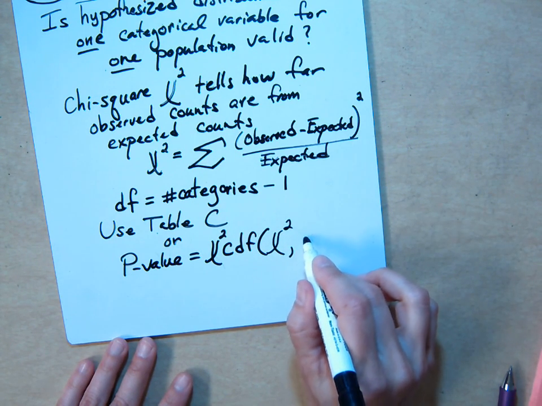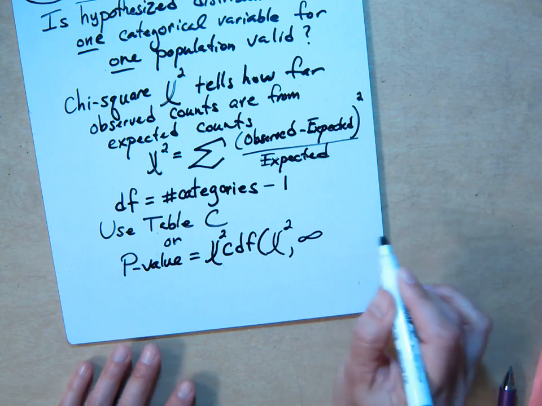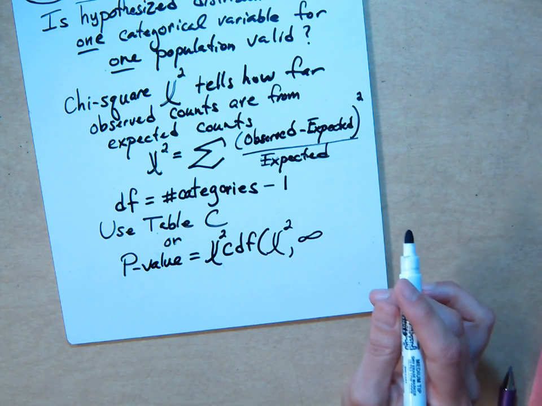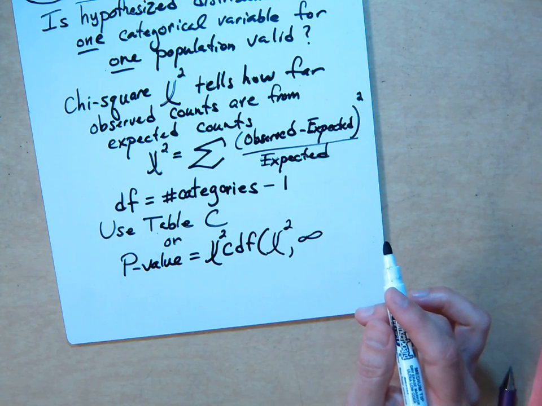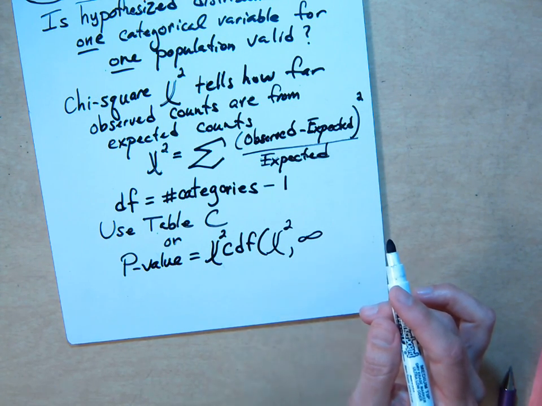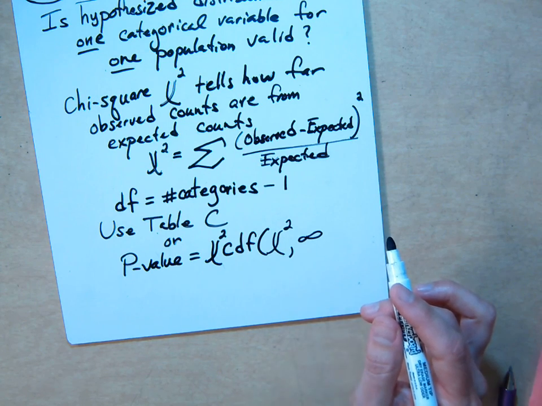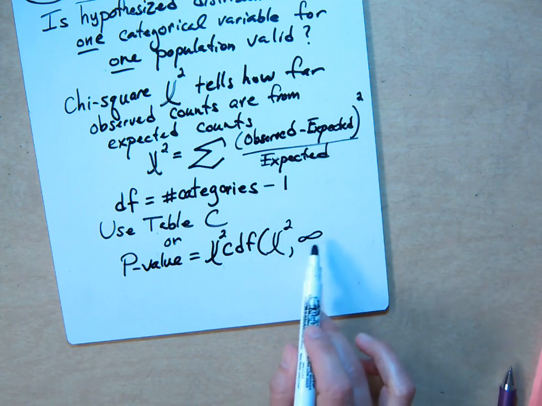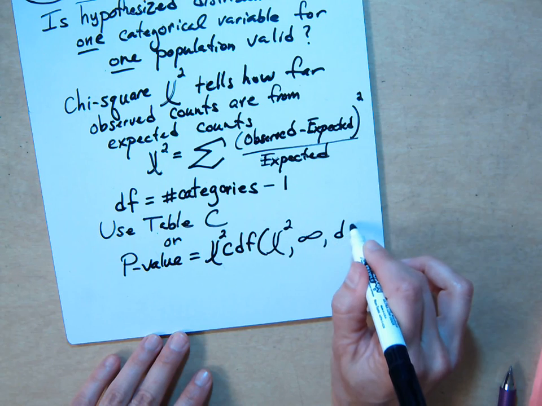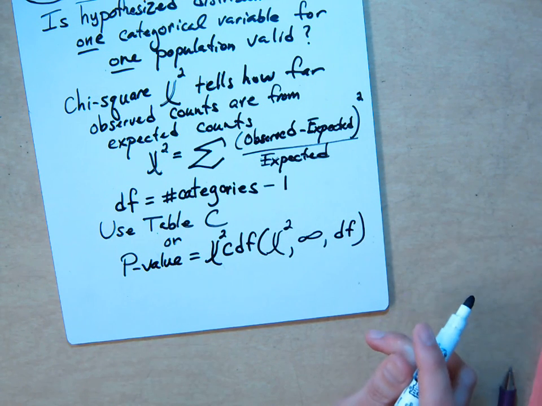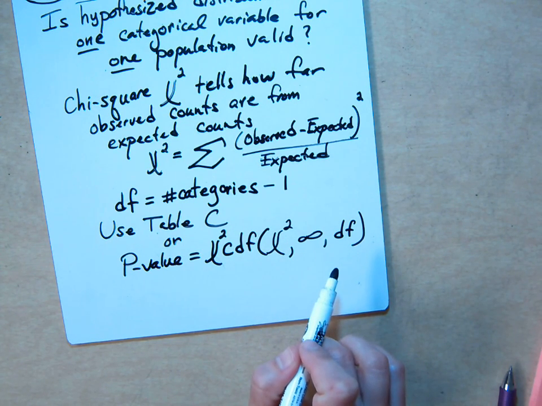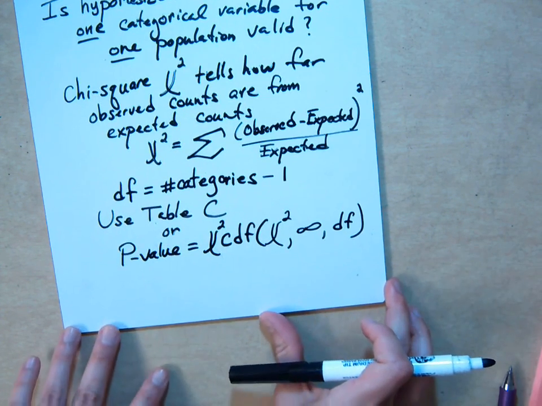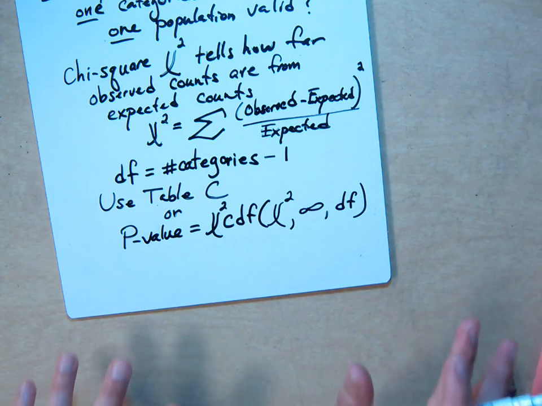Then you want to know the area under the curve, which is the probability that you would get the sample that you did if H0 were true. That's chi-squared to infinity, and then you give it your degrees of freedom. It looks a lot like TCDF, but it's chi-squared CDF. And that's the process, which we'll do in the examples.